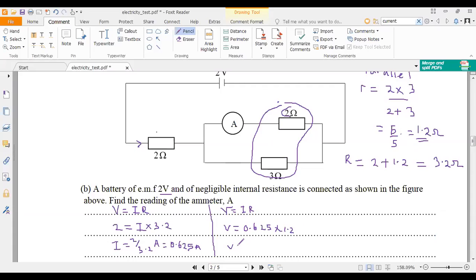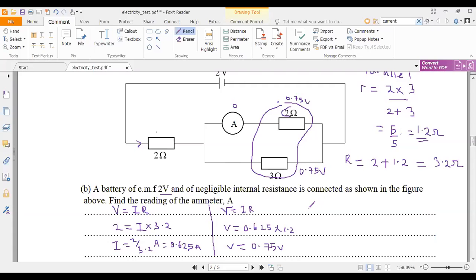Finally, the V in the parallel combination is 0.75 volts. That means the potential difference through this 2 ohms resistor here is 0.75 volts.